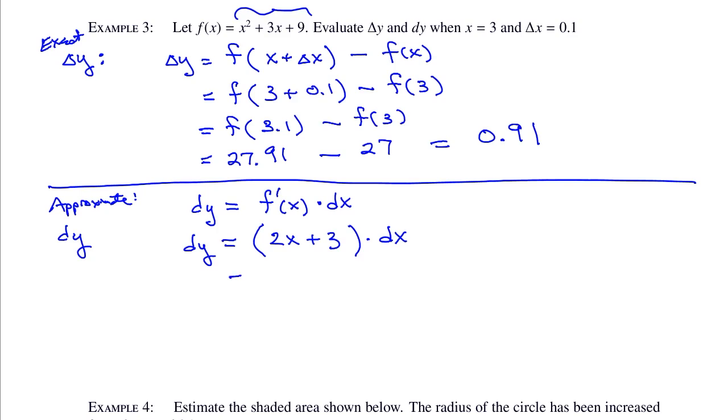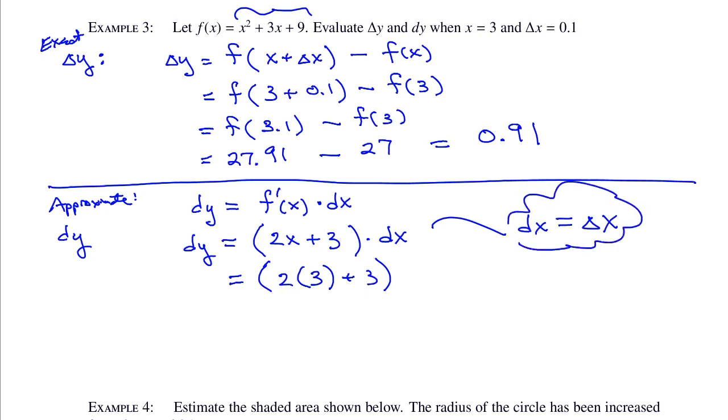And now we need to use the value of x where we are located. So this is x equals 3. And then for the dx, remember that we use differentials under the assumption that the dx is equal to the delta x. So the delta x here is 0.1.